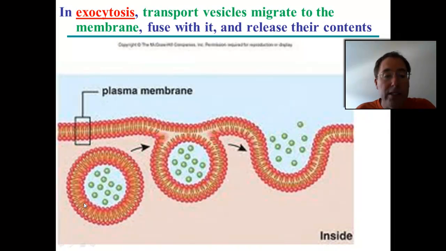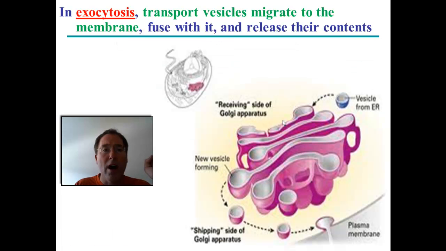Here you can see a vesicle of phospholipids, that fat coating around something that the cell wants to get rid of. Maybe this came from the Golgi apparatus. Maybe it's a modified amino acid chain, and it's going to bind with the phospholipid bilayer of the membrane and be released. And this is how the cell very often gets rid of contents.